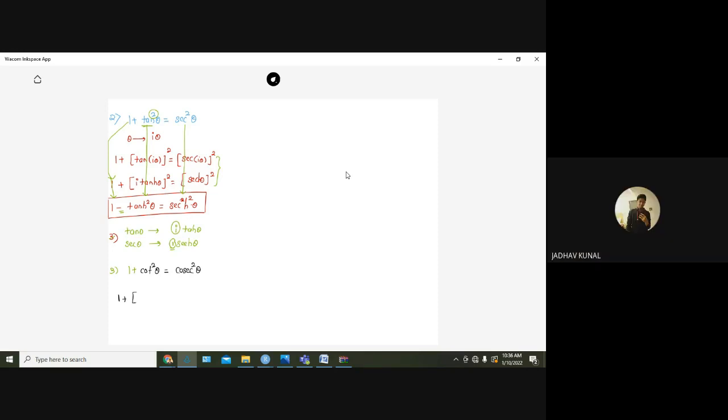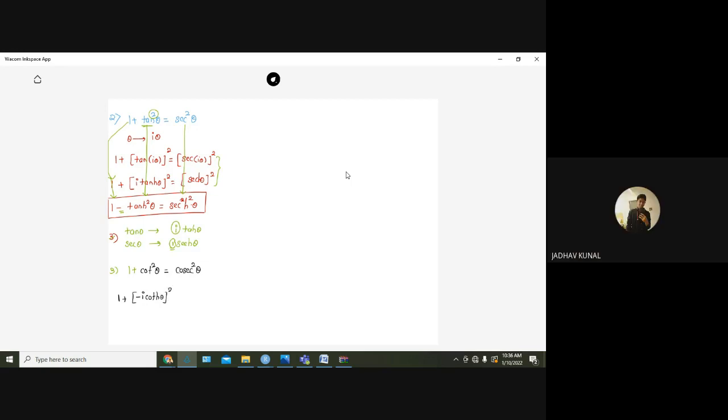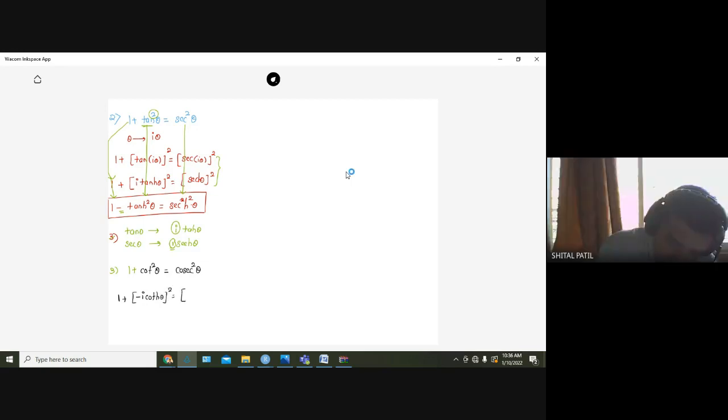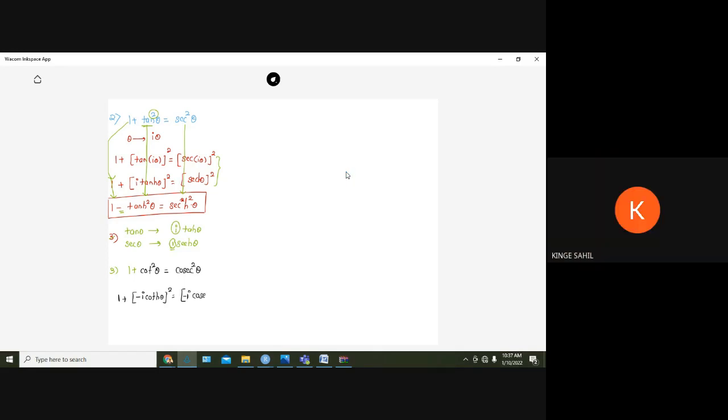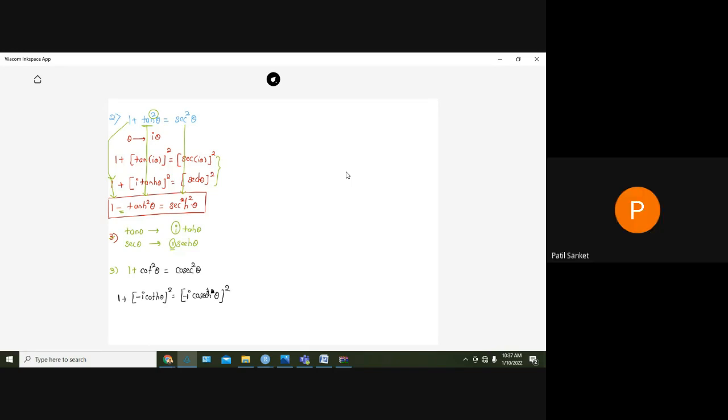Minus I. Minus I cot hyperbolic of theta, whole square. What about the cosec? Again minus I cosec hyperbolic of theta, whole square.